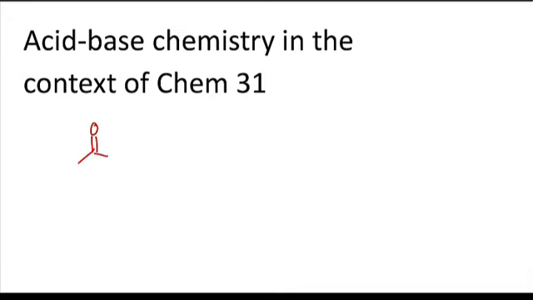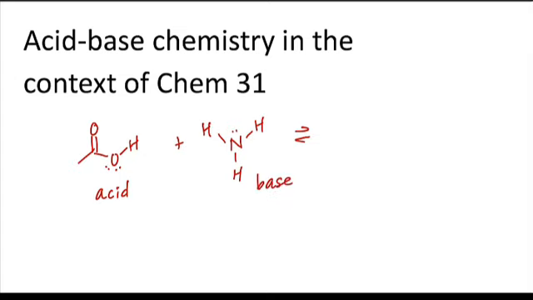So let's take a good organic acid like acetic acid, and we'll react a base, perhaps ammonia, and that's an acid-base equilibrium where the carboxylic acid here is our acid, ammonia is our base.